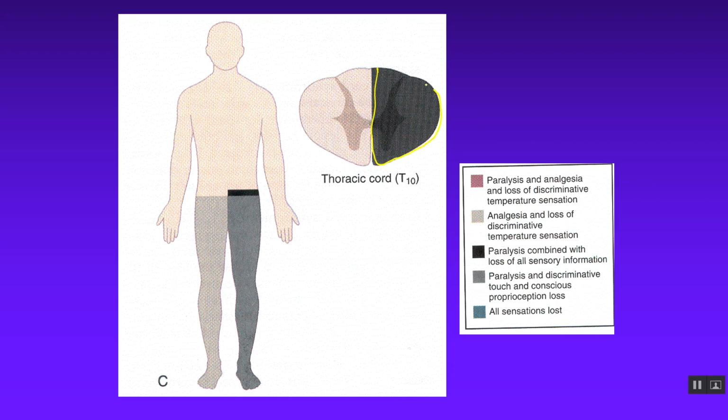Here's a hemisection of the spinal cord. This is a T10. So at the segmental level, you're going to have loss of all motor function because you've damaged all the anterior horn cells here, segmental loss, which would be hard to pick up on a T10 lesion because T10 is only going to a few muscles of your intercostals and abdominals and that kind of stuff.